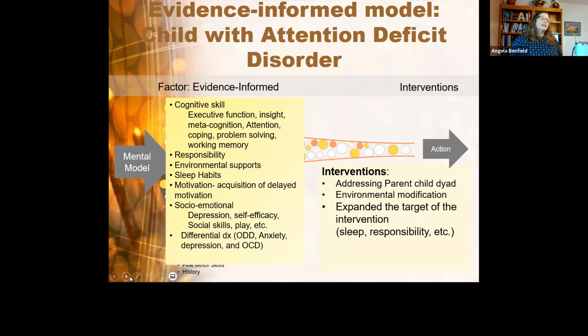And when they started discussing responsibility, it really shifted the problem definition from a lack of motor skills or a lack of visual perceptual skills or a lack of social emotional skills or executive function to a lack of taking ownership and responsibility to do the activities. However, this shift to responsibility also opened up many more interventions that targeted specifically increasing responsibility.